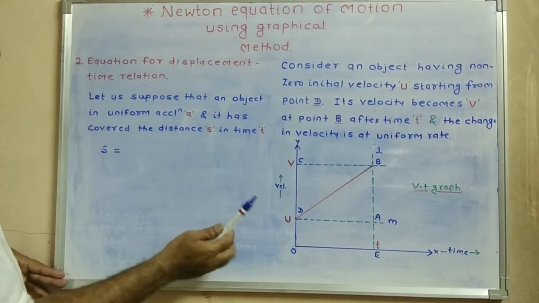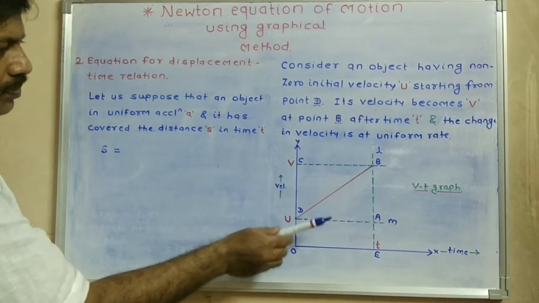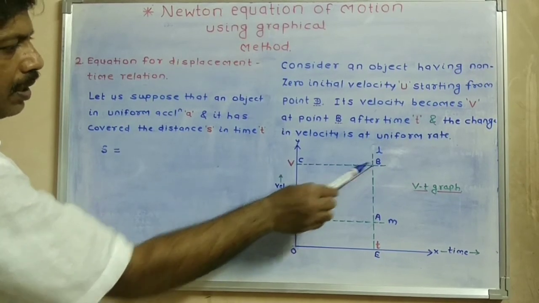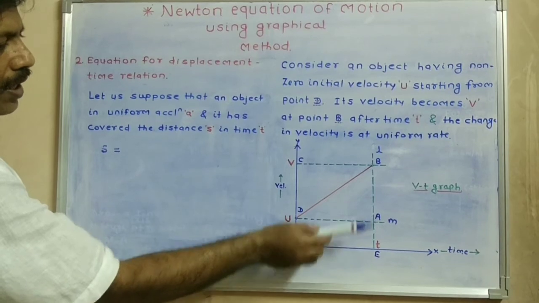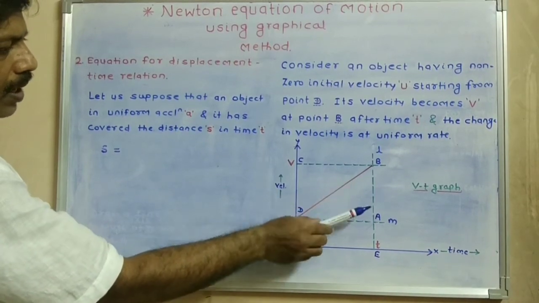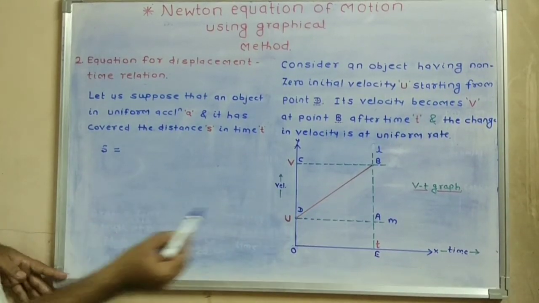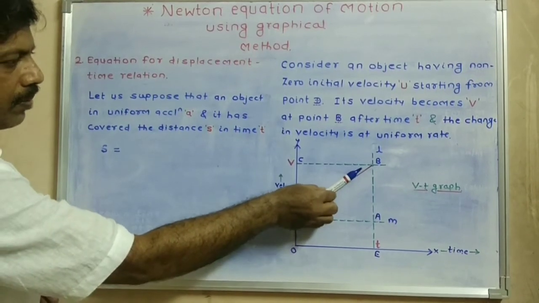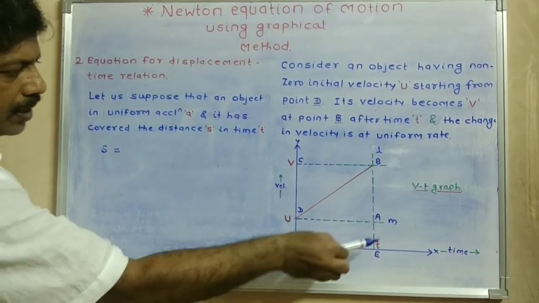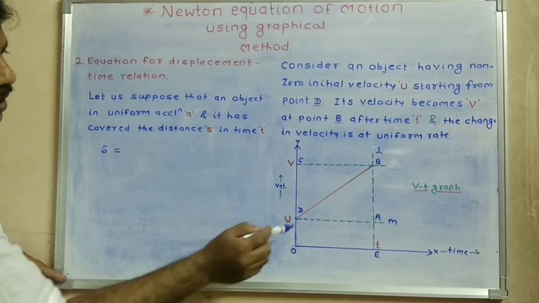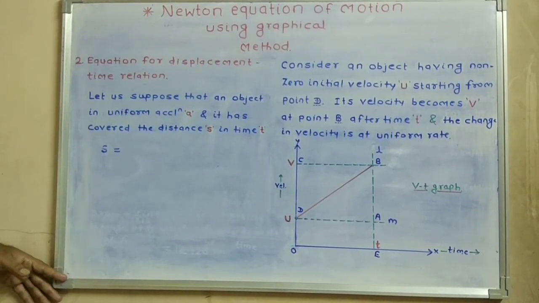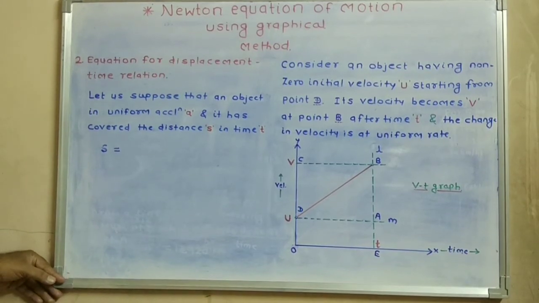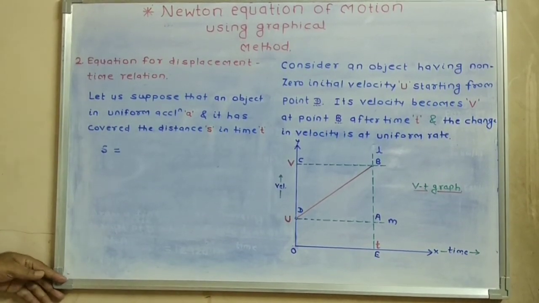Now, what is the distance covered by an object? We know that it is the area between the velocity time graph and the time axis. This is your velocity time graph and this is your time axis. Then it forms a quadrangle, that is DOEB.